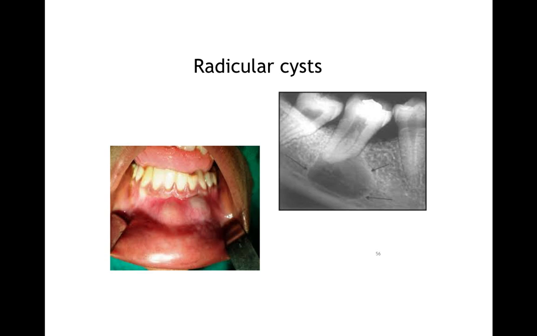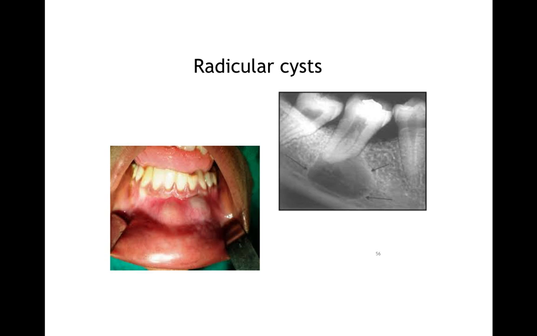With a finger, we should palpate the transitional fold, and if there is a radicular cyst under our finger, we can feel a hard area. And we should differentiate this hard swelling area from tumors.